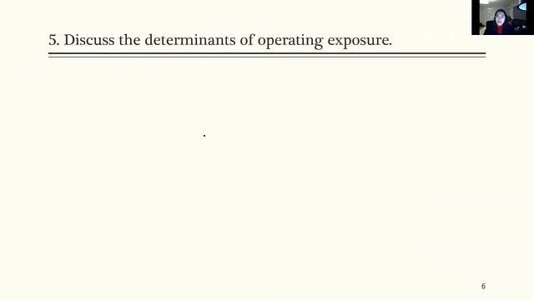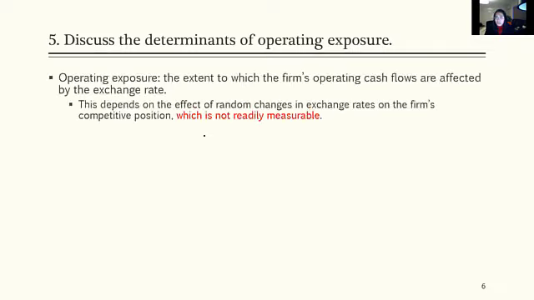Moving on to question 5: discuss the determinants of operating exposure. Before I discuss the determinants of operating exposure, I want to define the term first. What do we mean by operating exposure? This is the extent to which the firm's operating cash flows are affected by exchange rates.